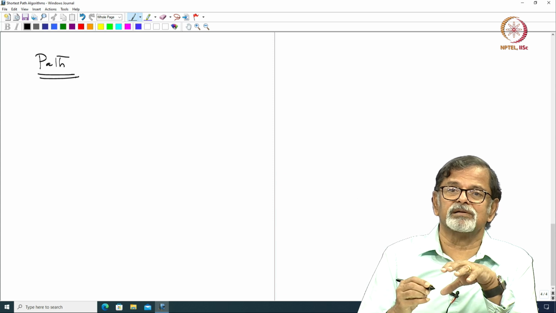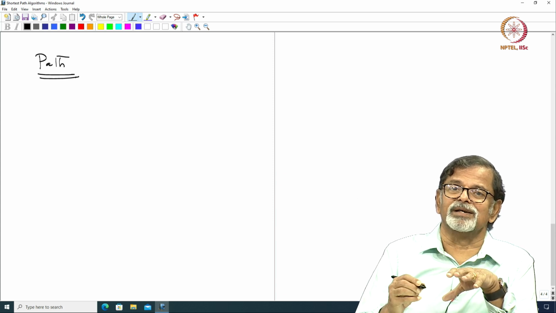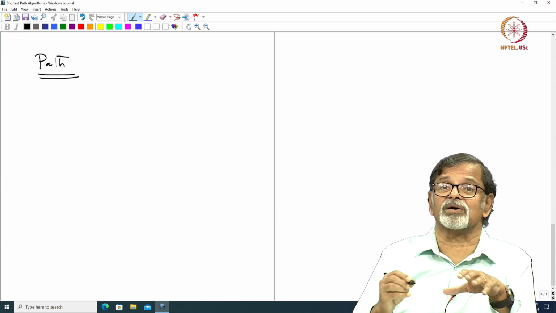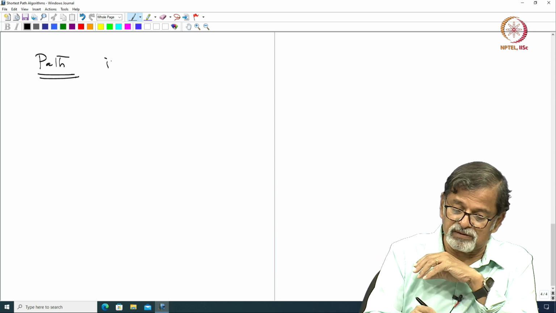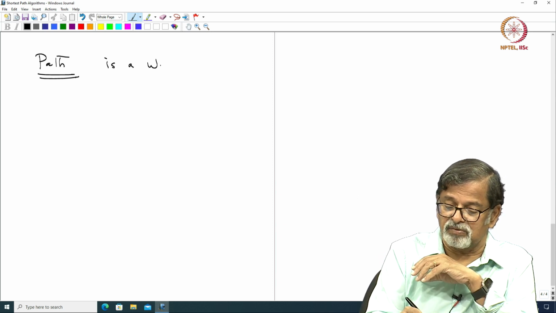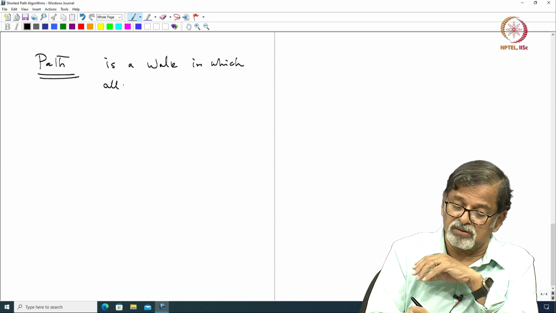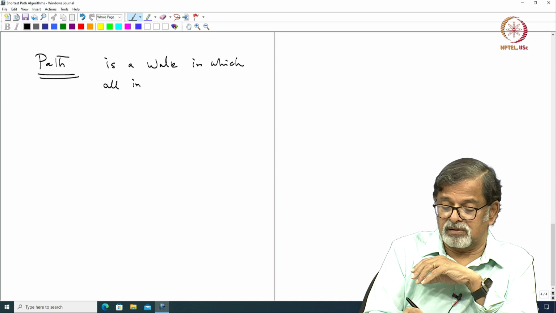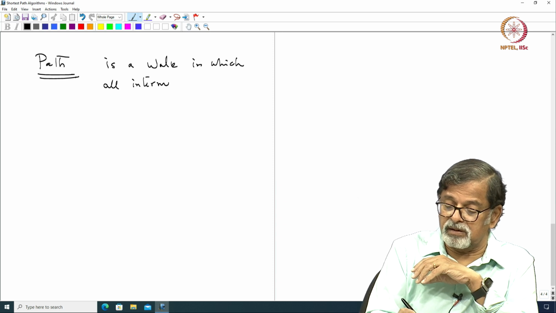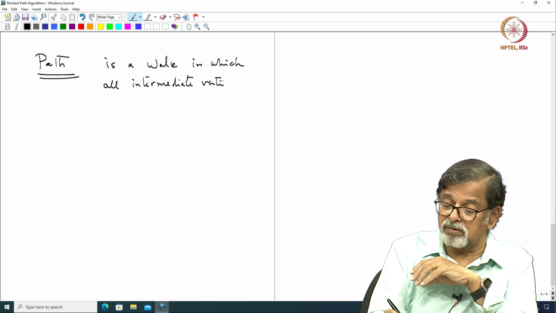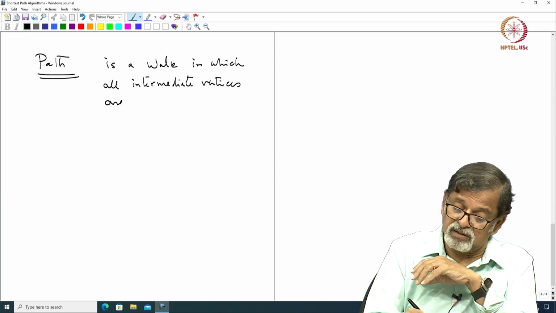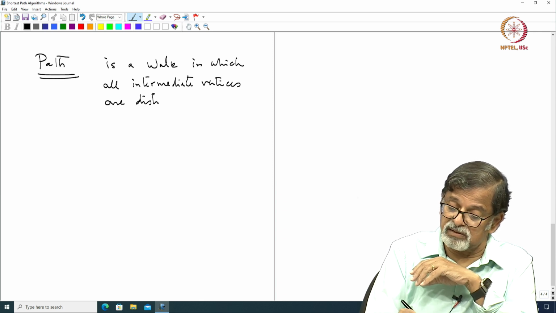A path is a walk in which all intermediate vertices are distinct.